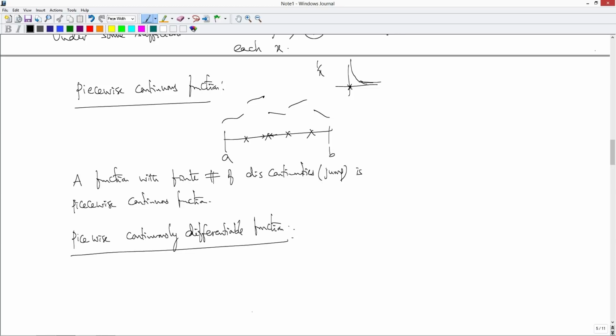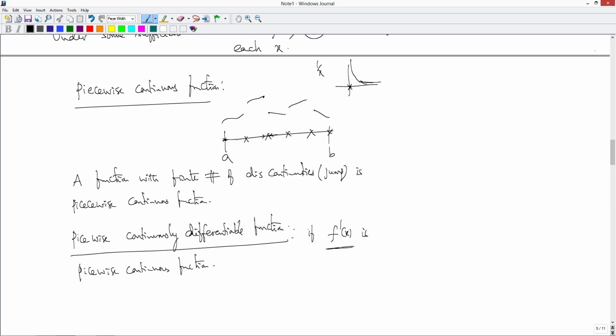So, if f is a piecewise continuously differentiable function, that is, if f dash of x is a piecewise continuous function. As you see, f dash of x is defined at every point between a to b, and at the points a and b. F dash is defined everywhere, except at those points.